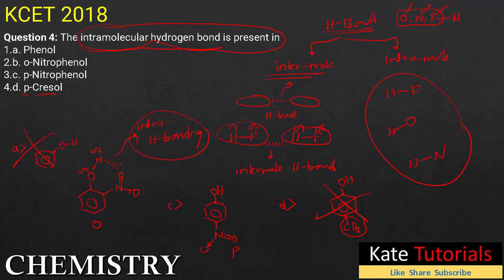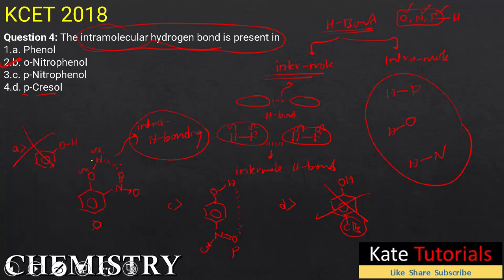So the answer is B. You may ask, why sir, this is para nitrophenol, right? Why is hydrogen bonding not happening? See, because this OH will be there, like this OH. Here it can't have this much hydrogen bonding because hydrogen bonding is limited. It is distance dependent. If I number it like this, you can easily tell.